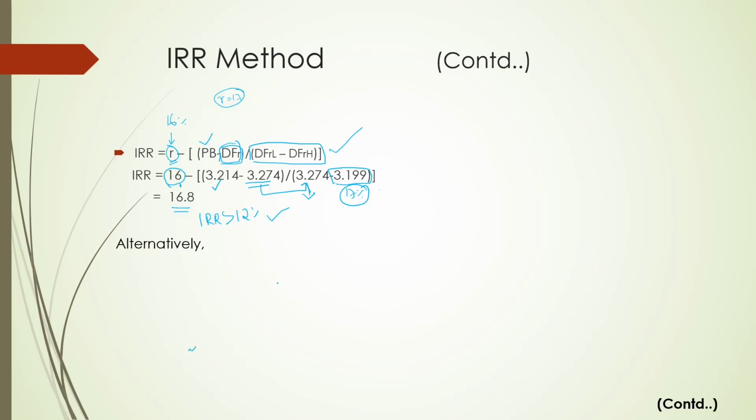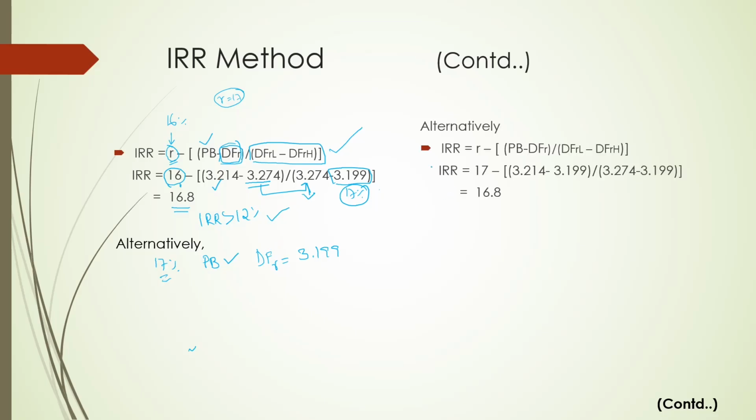Fine. Let us see the same formula using 17%. If you use 17%, your PB will be the same. But what happened to your DFR? That is the discount factor at 17%, that is 3.199. And the remaining DFRL, DFRH are the same. Now let us see the solution.